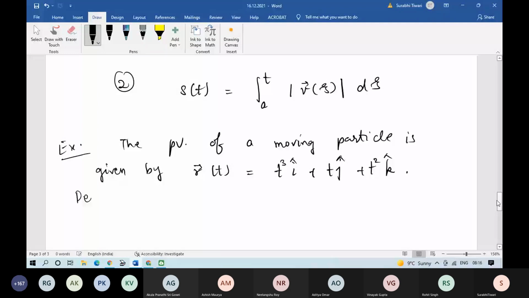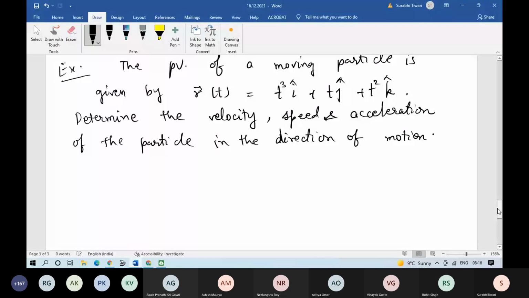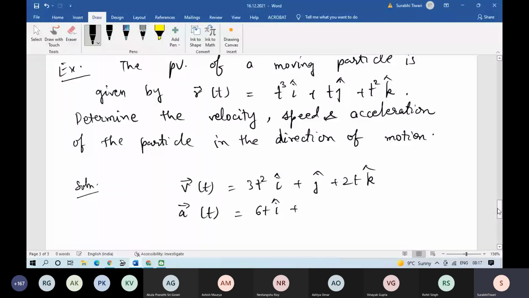Determine the velocity, speed, and acceleration of the particle in the direction of motion. You can do this by yourselves. Velocity will be r'(t) = 3t²i + j + 2tk. Acceleration will be 6ti + 2k.